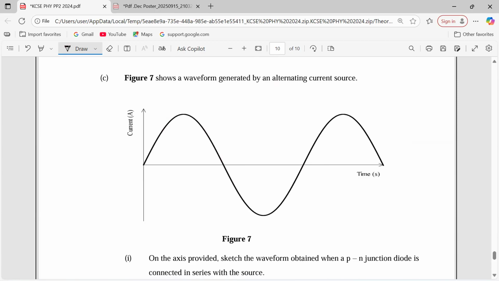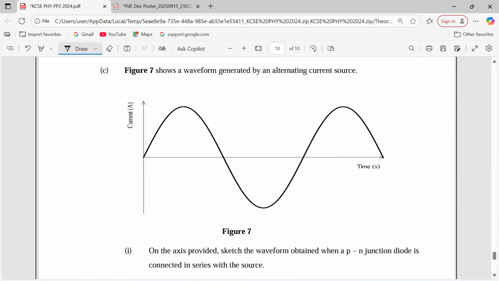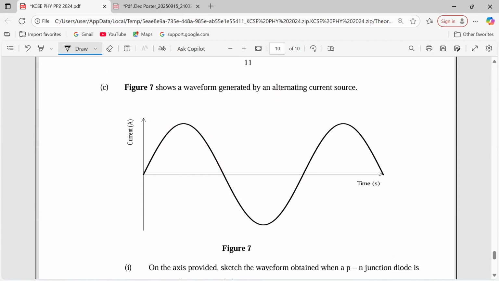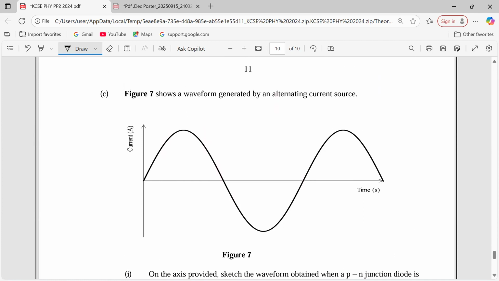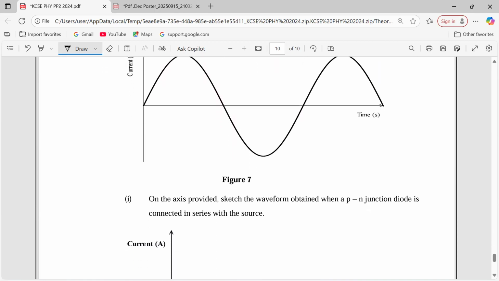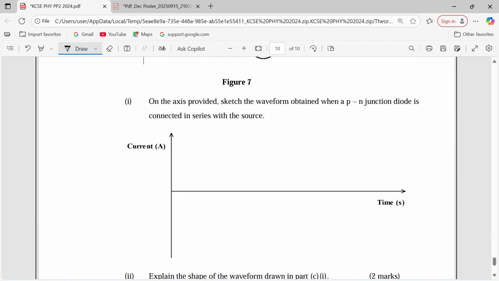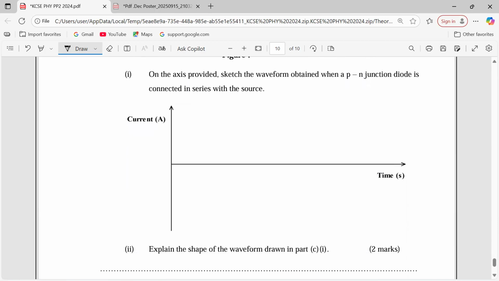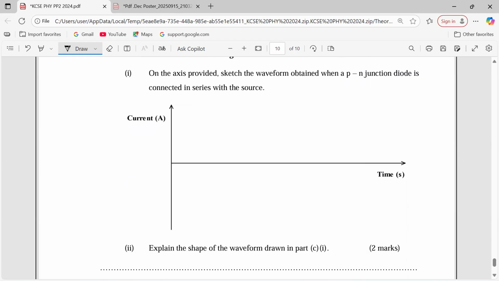Figure 7 shows a waveform generated by an alternating current source, AC. So we can see the type of the curve. On the axis provided, sketch the waveform obtained when a PN junction diode is connected in series with the source.